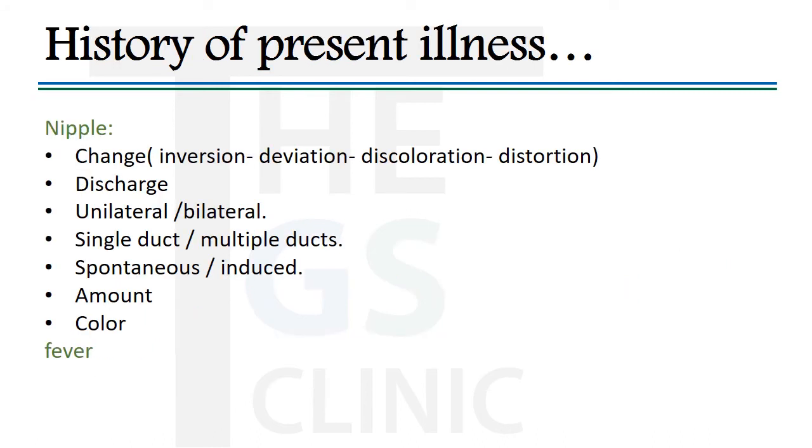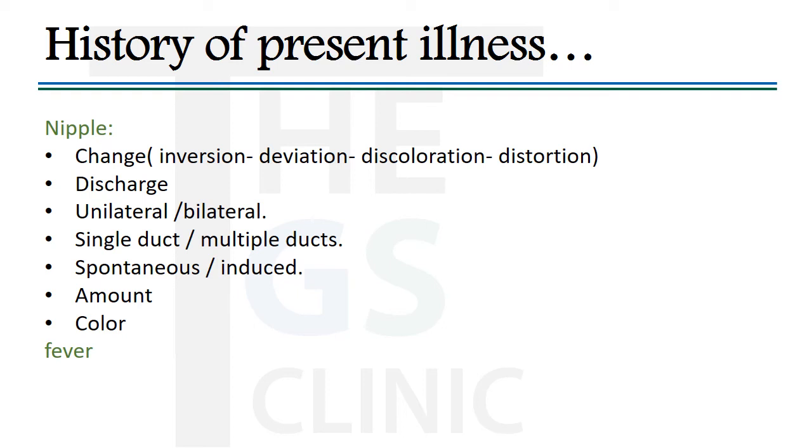The third and most important presentation of any patient with a breast condition is the discharge. And here we have to say it's a nipple problem and not the nipple discharge alone. So what has happened to the nipple? Is there any change? Is there any nipple inversion? Did it go inside the breast, or is there any deviation, like a change in its position?